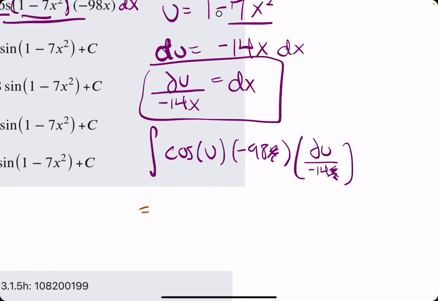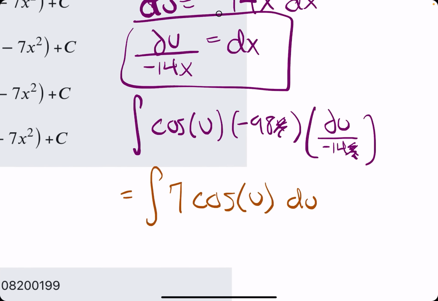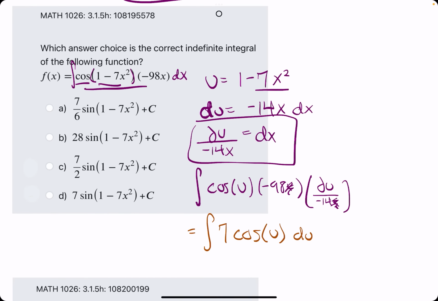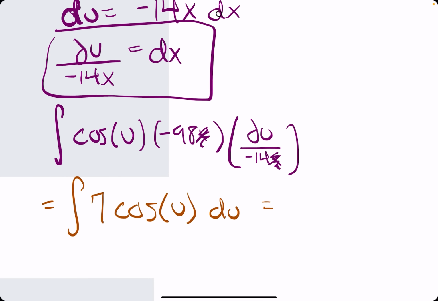So we have integral of positive 7 cosine of u du. That's nice. This is much cleaner than the original integral. That's the whole idea behind u-sub. It simplifies what your integral looks like. So now, antiderivative. We leave the 7. It's just a coefficient.